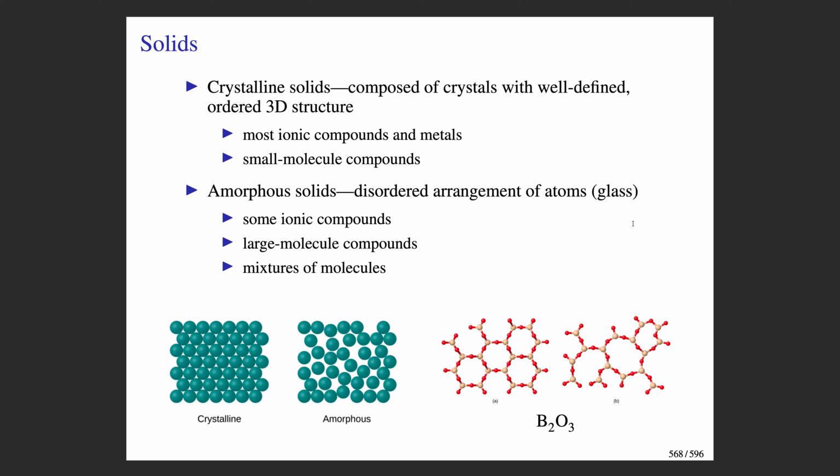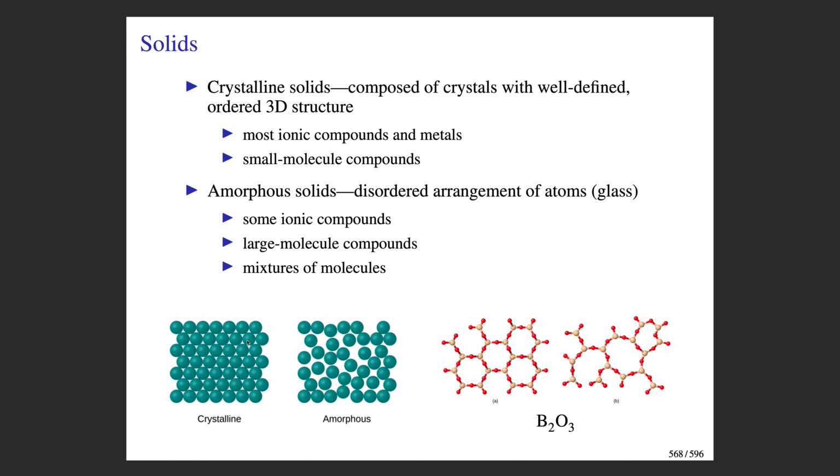So compounds like glasses fall into that category. Some ionic compounds do this. Typically, compounds where the molecules are very large may form amorphous solids. Or if you've got a solid consisting of a mixture of molecules that don't quite fit together so right, they may form an amorphous solid.